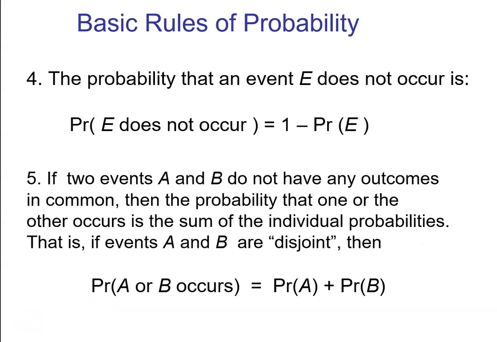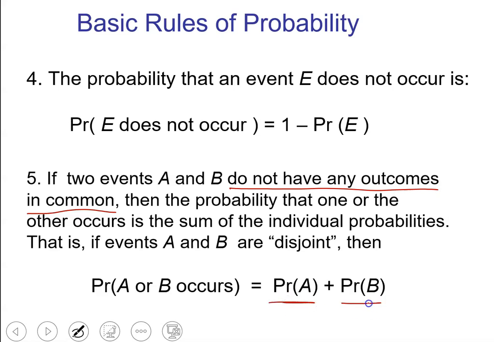4. The probability that an event E does not occur, so again, this is just like what we were talking about there, is 1 minus the probability E does occur. And the last one. If 2 events, A and B, do not have any outcomes in common, super important, do not have any outcomes in common, then the probability that one or the other occurs is the sum of the individual probabilities. So if events A and B are disjoint, it is simply the probability of A plus the probability of B. So this is like the marble problem. What was the probability?